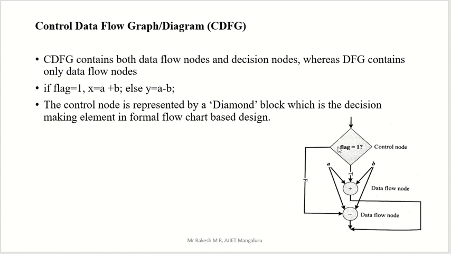If that is true, you will get one thing. If it is false, you will get another thing. So that is decision making. Flag is equal to 1, yes or no, or you can call it true or false. If flag is equal to 1 is true, then here A is added with B and you get the answer here.